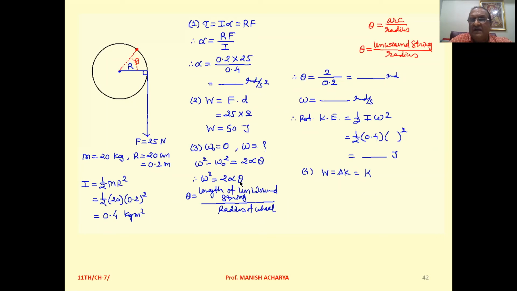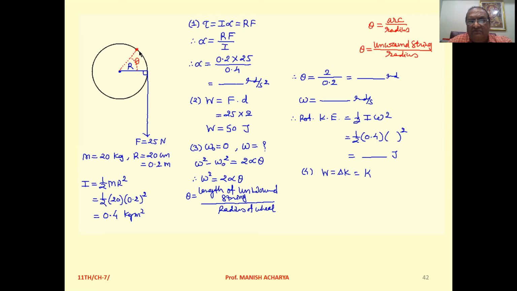But what is theta? Now see here, theta we can write as length of unwound string upon radius of the wheel. How can we write this? See, here it is represented. Suppose this red point here reaches this position.